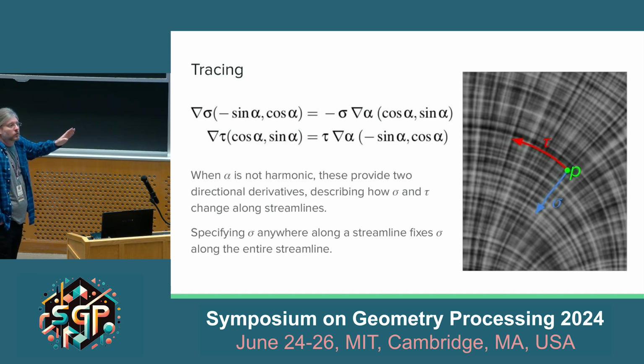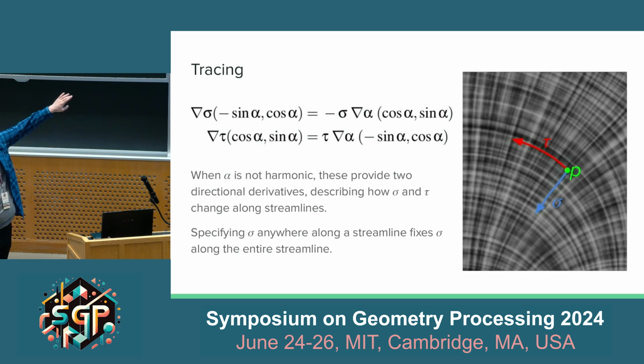So we have one directional derivative enforcing tau, and sigma is free, and then if we move in the other direction, it flips. But as we keep moving in the same direction, the same rule keeps applying. So if you make a step in the alpha direction, tau is going to change, but at the new point, you have a new grad alpha, but you're still moving along tau.